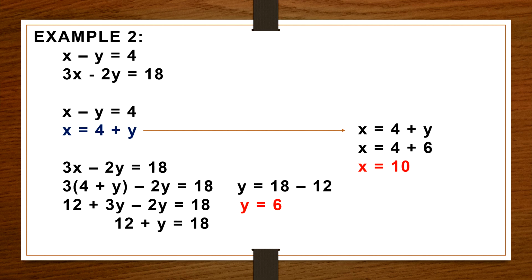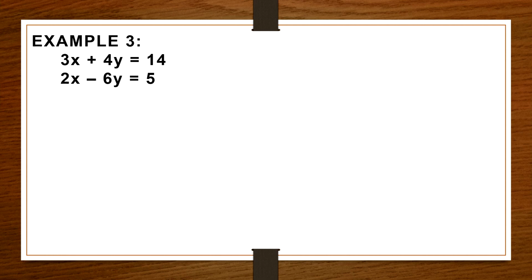Let's go to our third example. 3x plus 4y equals 14 and 2x minus 6y equals 5. Here, no variable has a coefficient of 1. So we will need to solve for one variable with a fraction or rational expression. But let's use the second equation and solve for x.